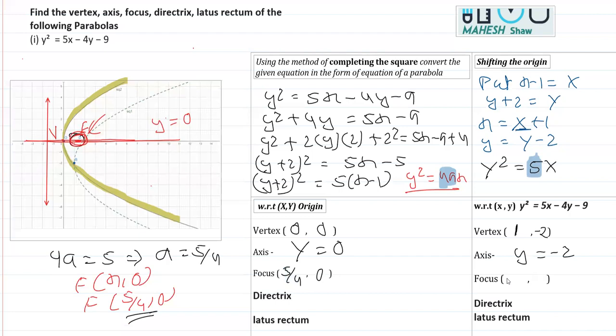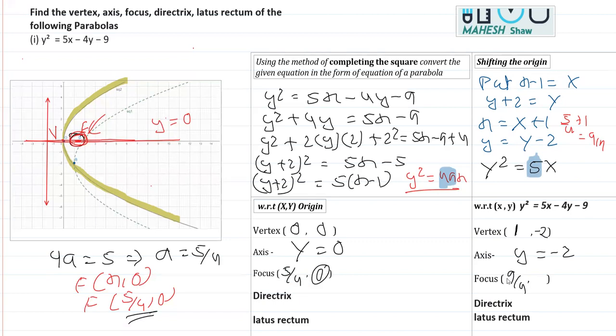This is 5/4 plus 1, which should give you 9/4. So you're going to get 9/4 here for the focus.